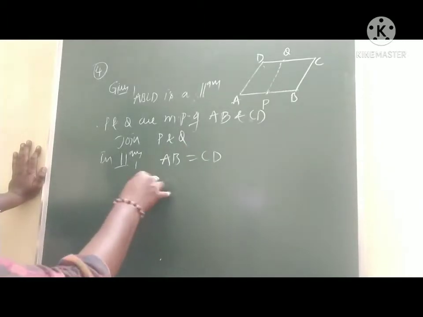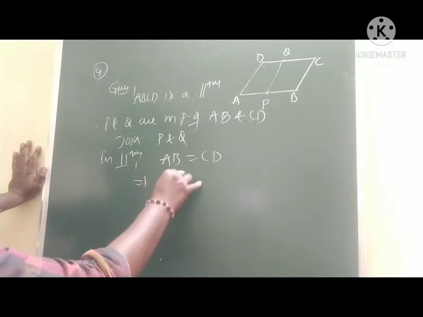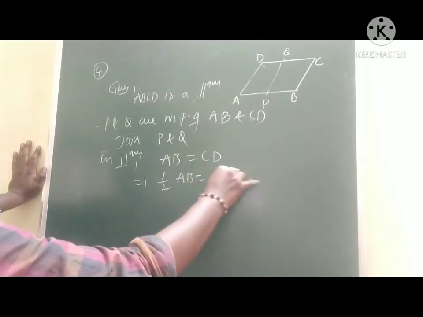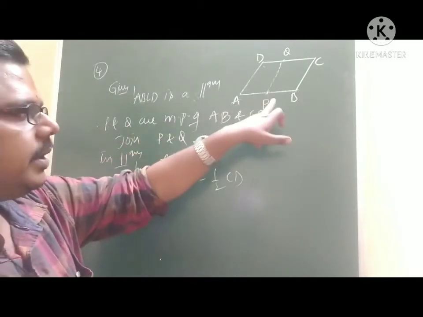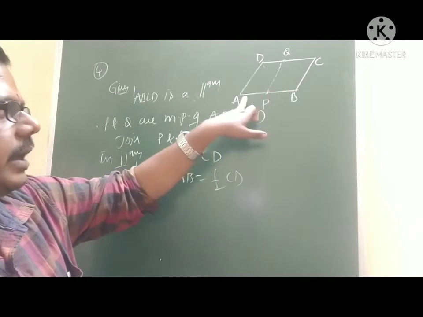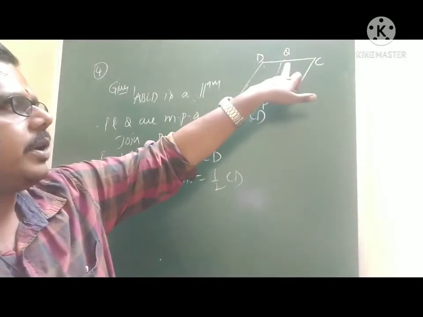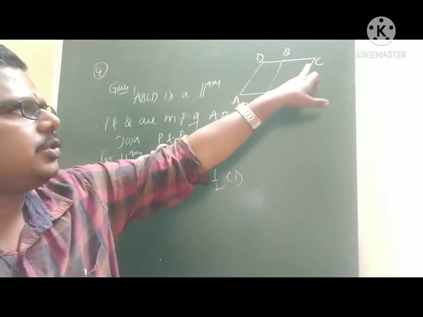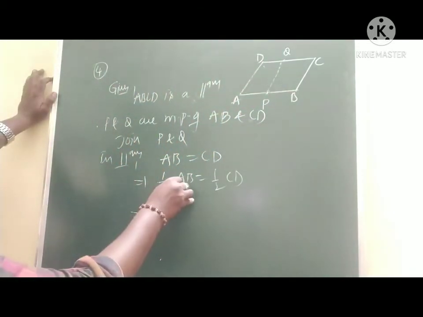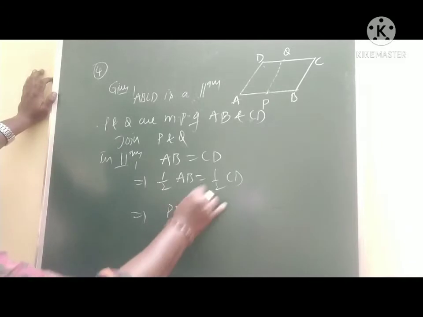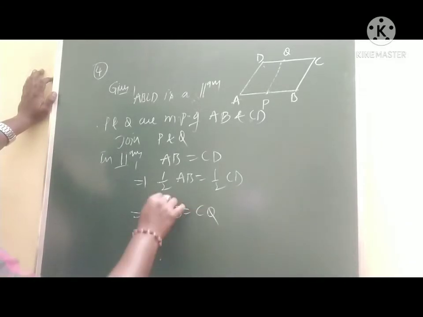Now what I am going to do is multiply by half on both sides. So half of AB is equal to half of CD. See, P is the midpoint of AB, so you can write PB or AP. Similarly, Q is the midpoint of CD, so you can write QC or QD, right? For the proof, half of AB I am writing as PB and half of CD I am writing as CQ.